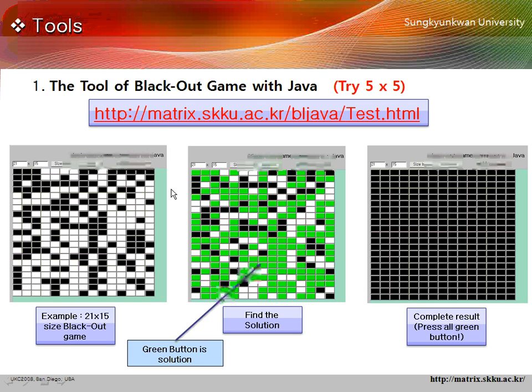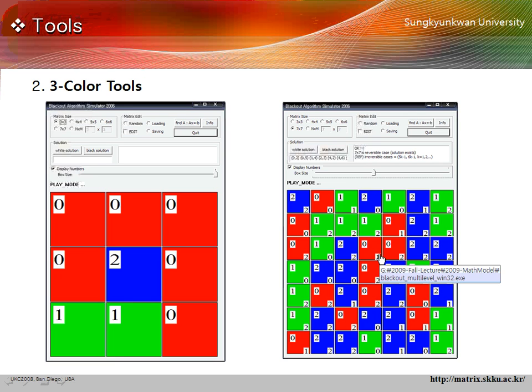Okay, next. The programming was done for larger sizes, like you see here, 21 times 15. This size of blackout game was also treated by the same algorithm and program that we have made to find the solutions like this. If we click all the green buttons here, then we can complete it. And that was not all we have.